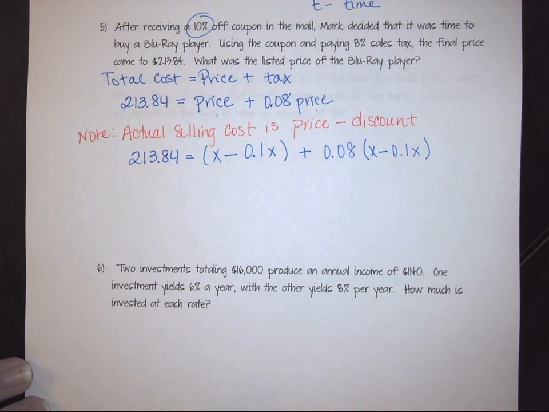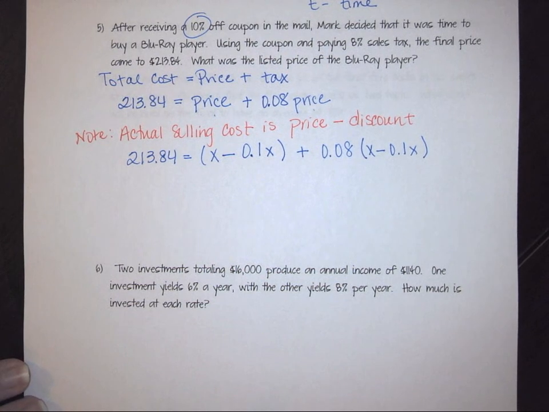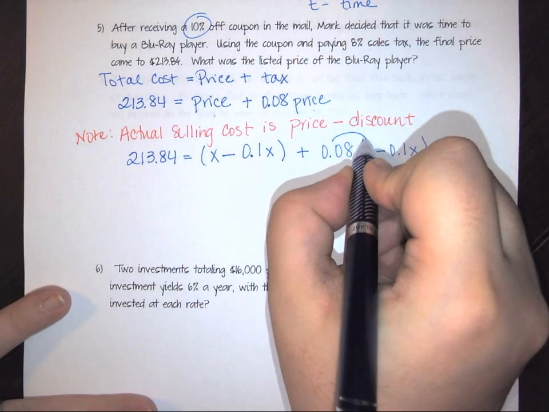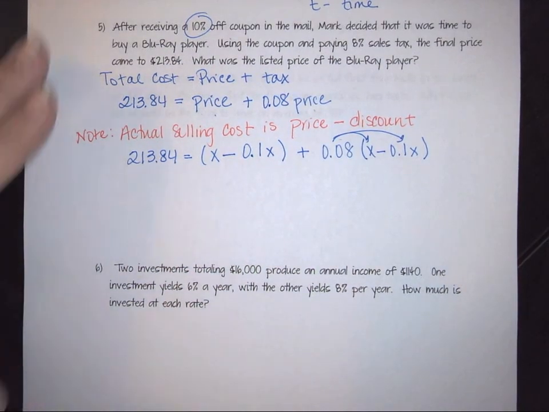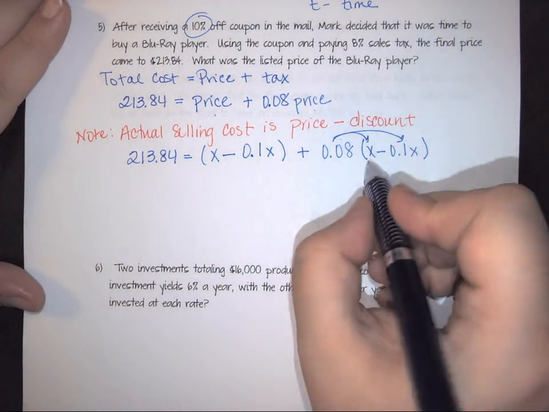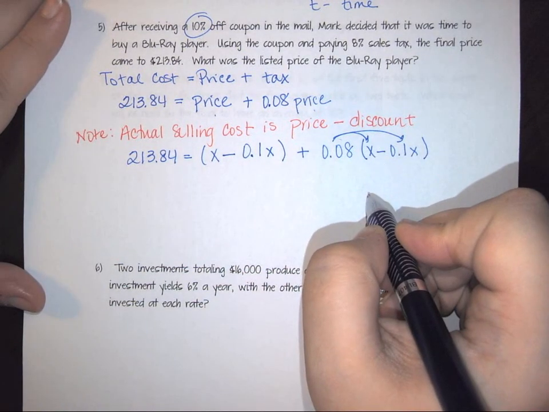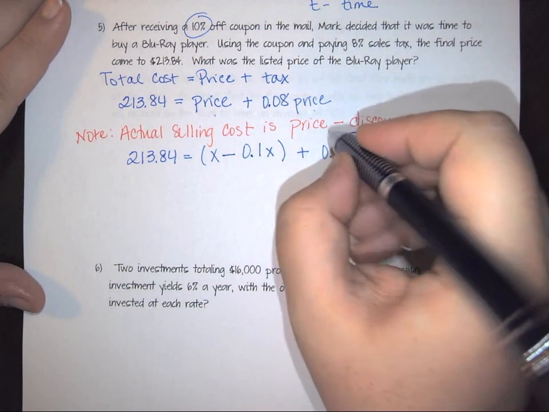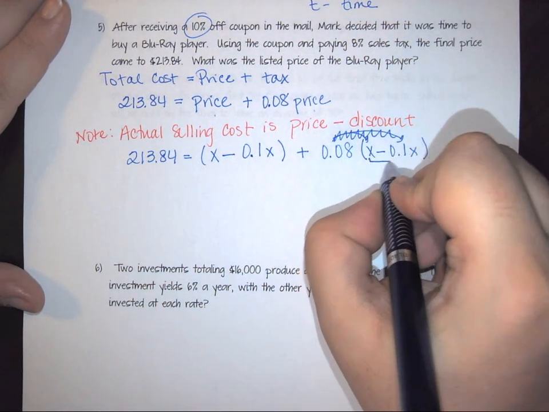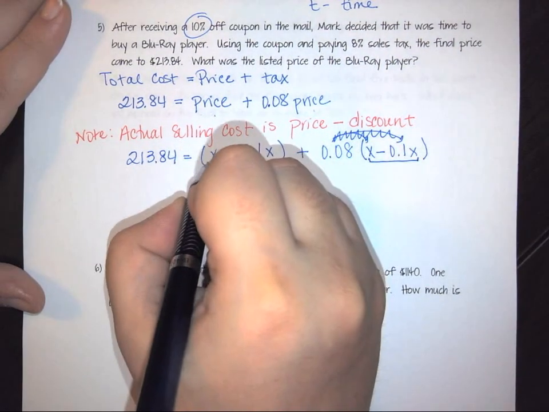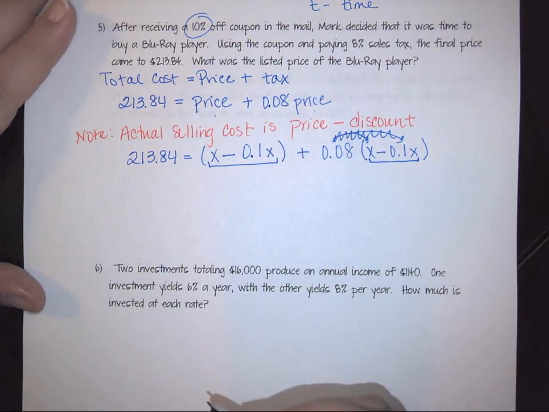So here what we have to do is we have to solve for x. So the first thing that we need to do in solving for x is we need to distribute through our parentheses. Actually, nope. What we actually want to do is do our order of operations, which says we're going to combine inside the parentheses first.